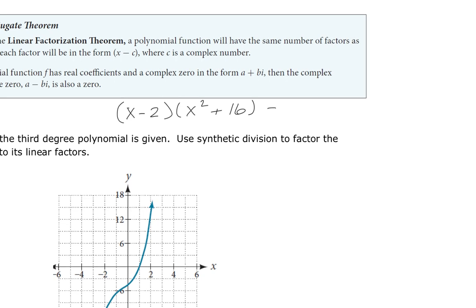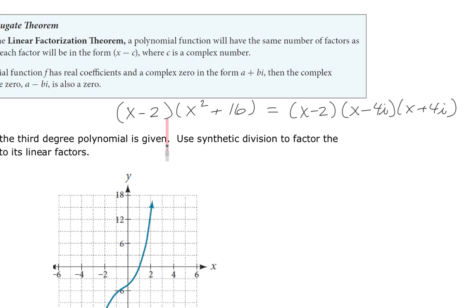It's not completely factored. This becomes x minus 2, and then the x squared plus 16 becomes x minus 4i and x plus 4i. Now it's completely factored.